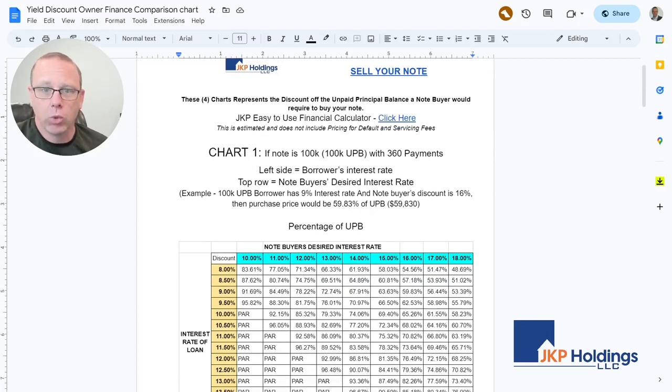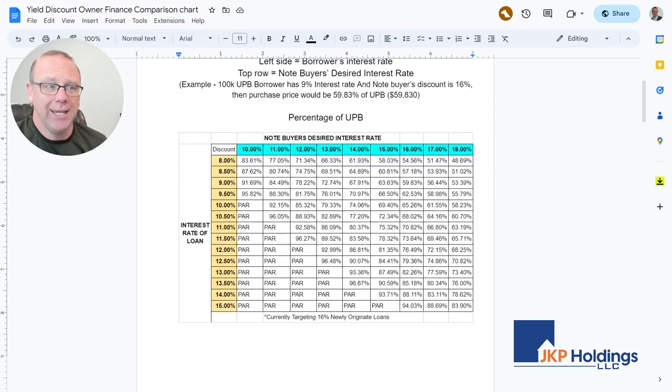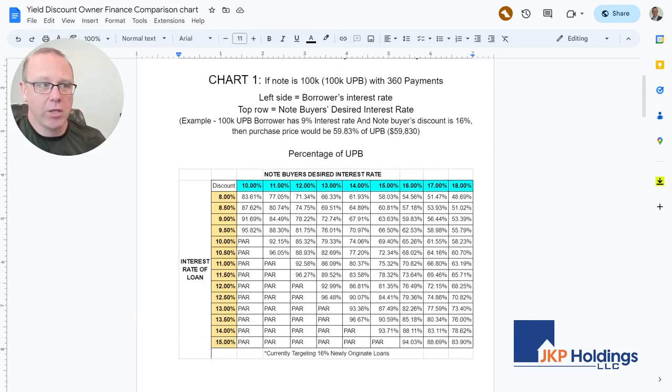The first chart we're looking at here is a $100,000 note with 360 months of payments. As we scroll down here, this is a percentage of UPB. We don't bid this way, but it's a good idea of where our bid may be based on factors. With 360 payments and the loan being $100,000, if the note is written at 8, 8.5, or 9, we use the left side.